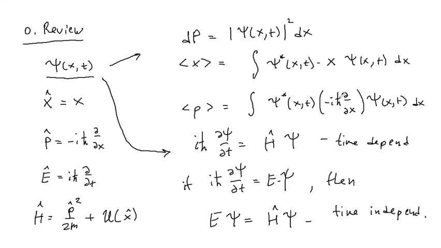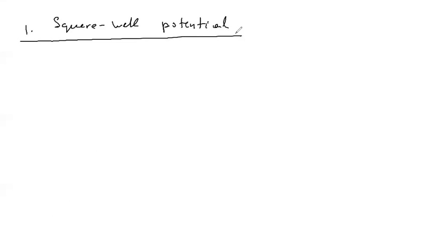So maybe today we can start from this time-independent or stationary Schrödinger equation for the finite square well potential. Yeah. Square well potential. I'm going to formulate the problem and we're going to solve it.